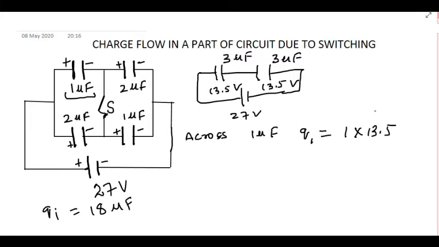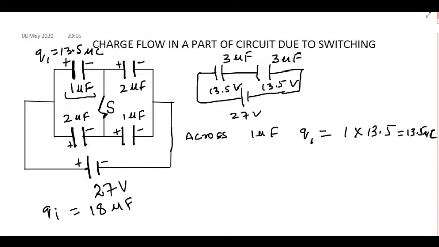So it will give you 13.5 microcoulomb. This is the new charge on the 1 microfarad capacitor. Here this is the charge Q1, which is 13.5 microcoulomb. What about the 2 microfarad?